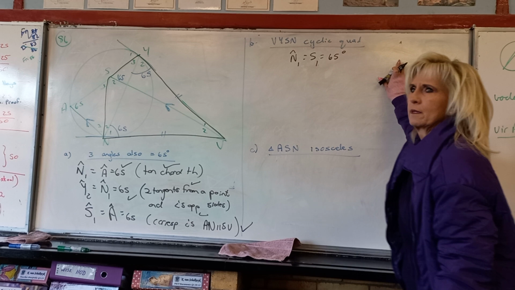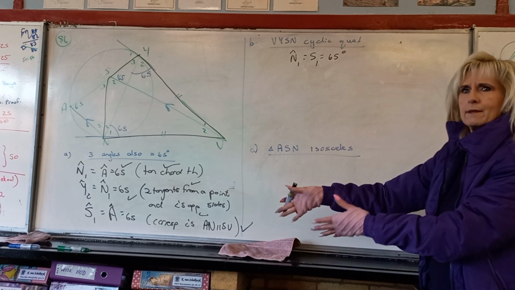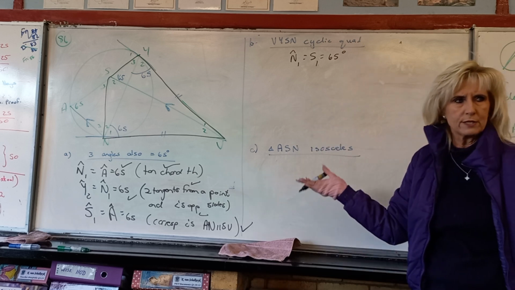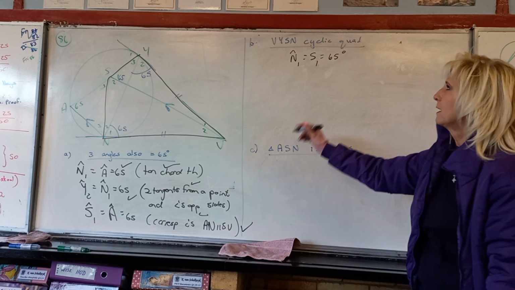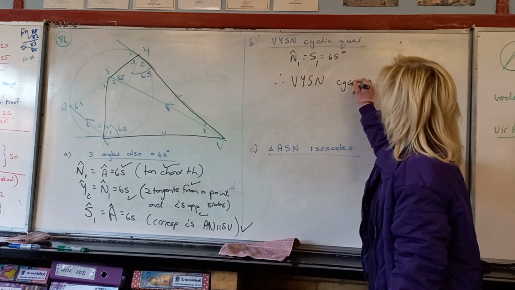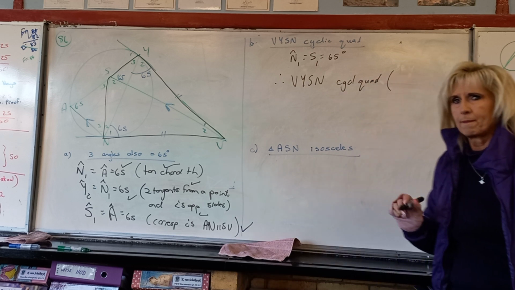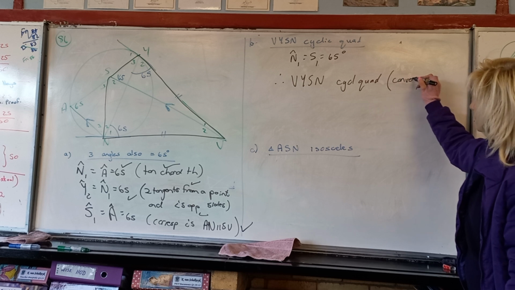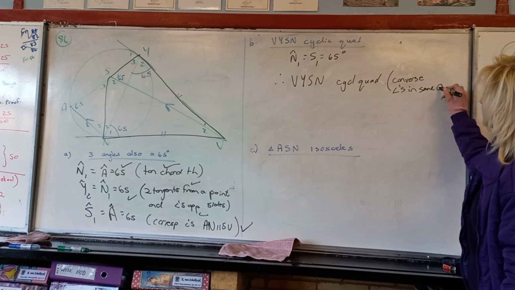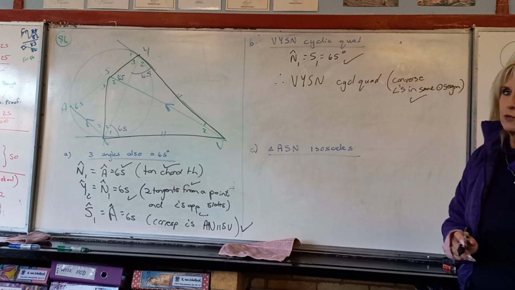And my reason? Proven. Can't you see? It's already proven. If you want to say proven there, you don't have to give me a reason. We know it's 65 for lots of reasons already. And therefore, it will be a cyclic quad. That's it. The reason is converse of angles in the same circle, which would have been 2 marks like that.